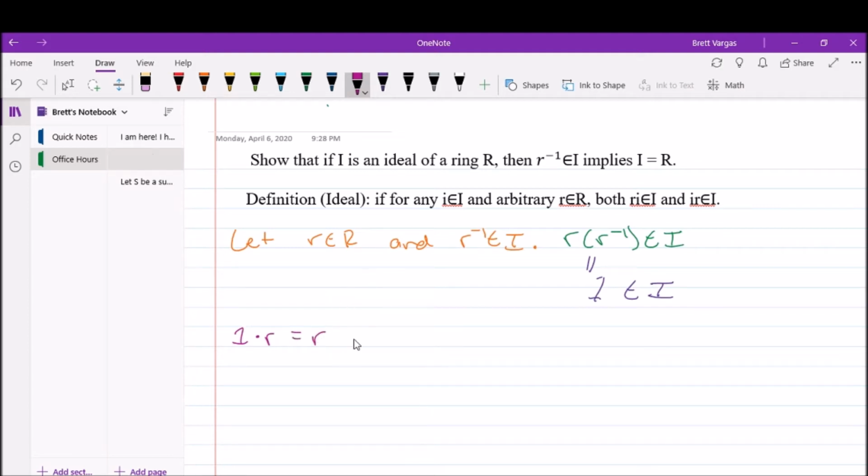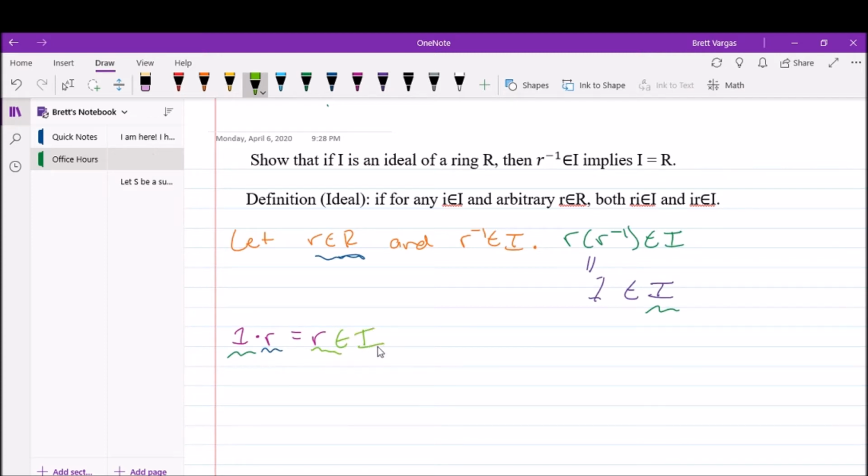And by definition of an ideal, 1 is in I, and R is in R. So that must mean that this is another thing that's going to be in I by the definition of ideal.